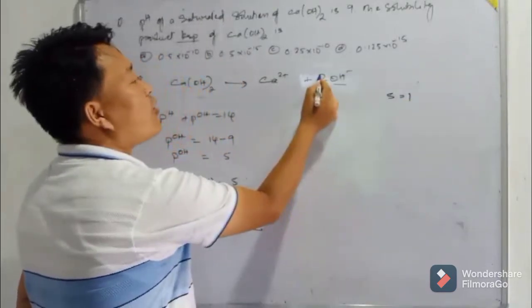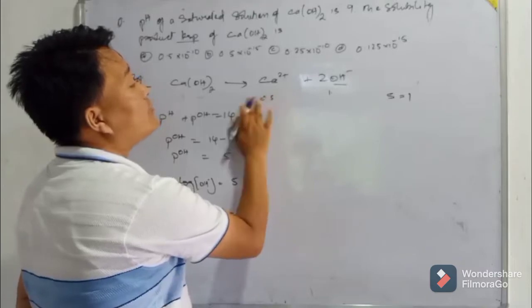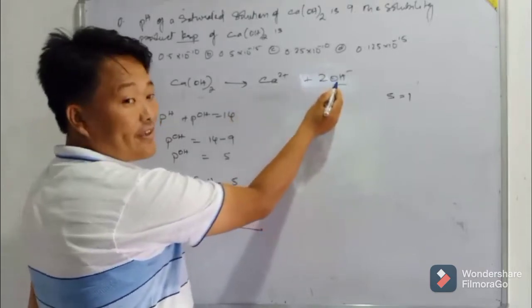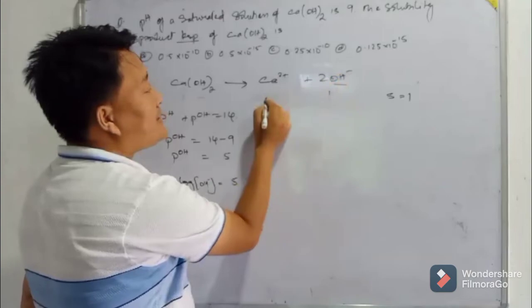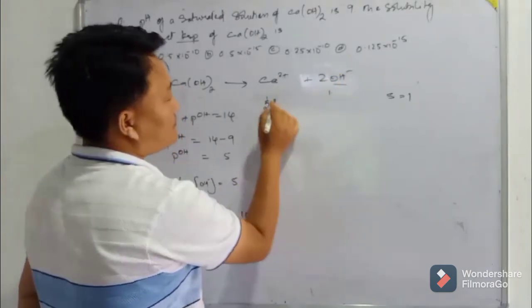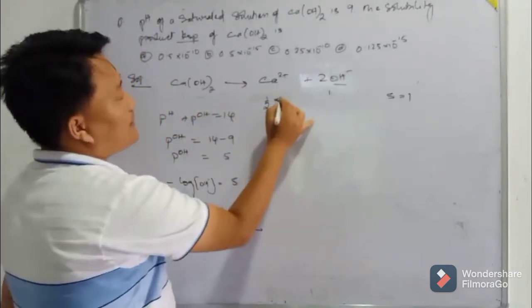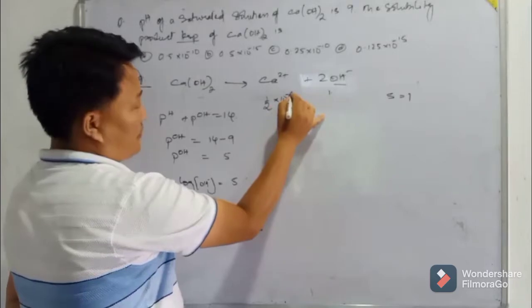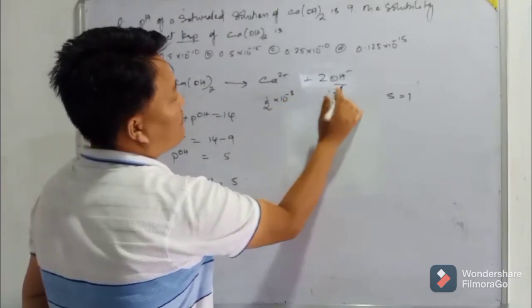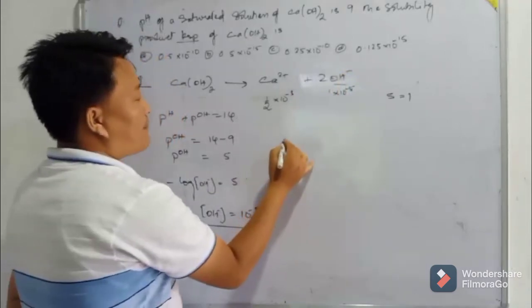S is equal to 1 here. And here it is how many times? 2. Then here will be twice, so here will be half only. So half into concentration is equal to 10 to the power minus 5, and 1 into 10 to the power minus 5.